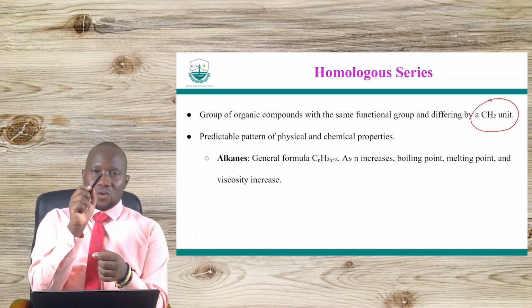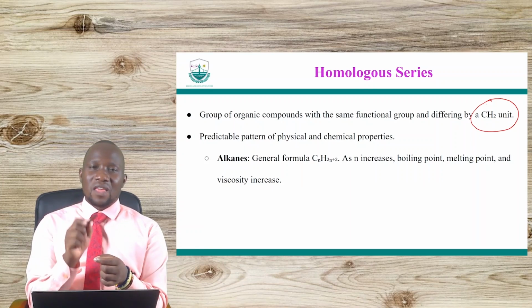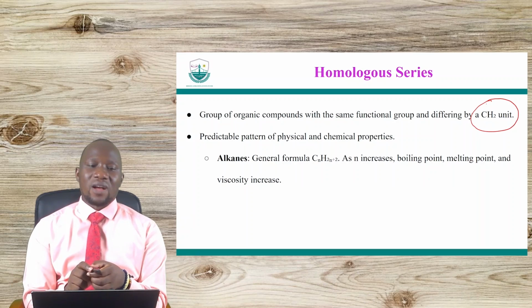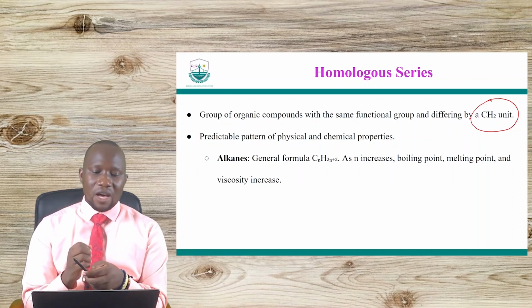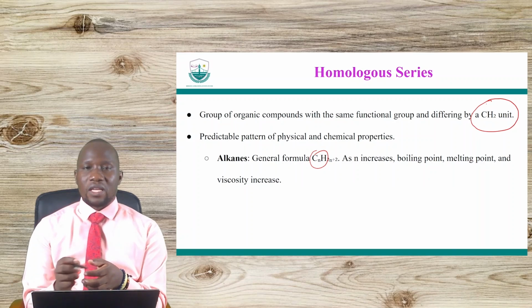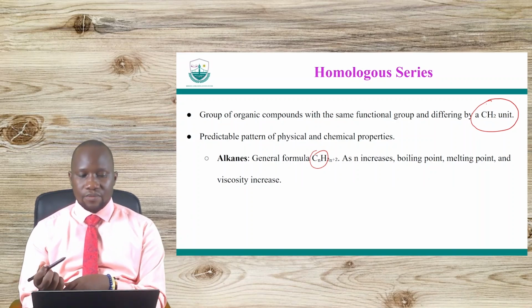So whether it is methanol or ethanol, they belong to the same homologous series, and these usually have the same kind of general formula. That's why they only differ by the CH group, or what you're calling the CH unit here.